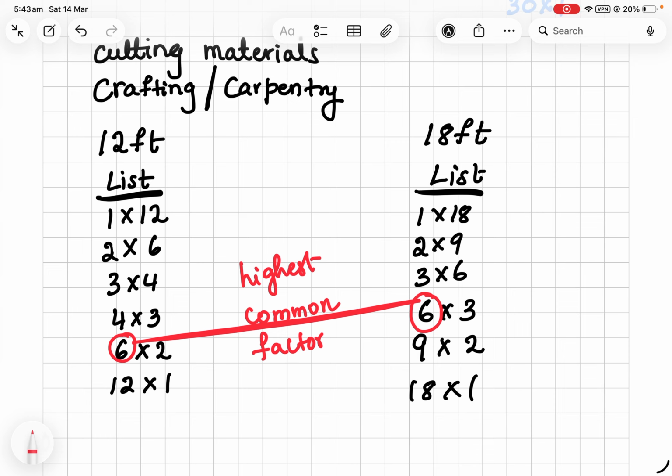So that means if you have wood that is 12 feet long and 18 feet long, then you should cut both pieces into 6 foot long lengths so that you will not have any wastage. So that's the idea here. I can do one more example. I can come up with another story.